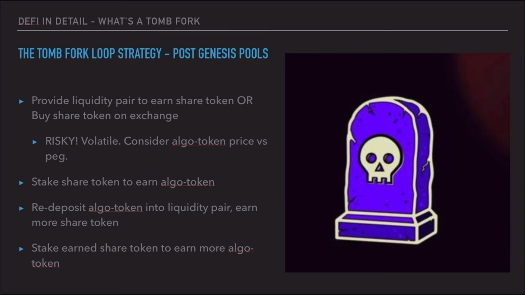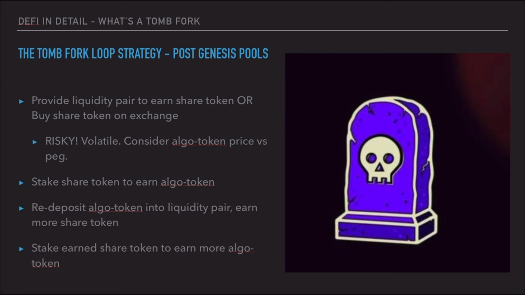Well, we know, because it's a tomb fork, that the algorithm is going to pressure this token's price down towards $1. So if I pay $20 for it, with the knowledge that the algorithm is pressuring the price of this down, I should expect to lose money. Buying an overpegged algo token is an incredibly risky play. All right, that's out there.